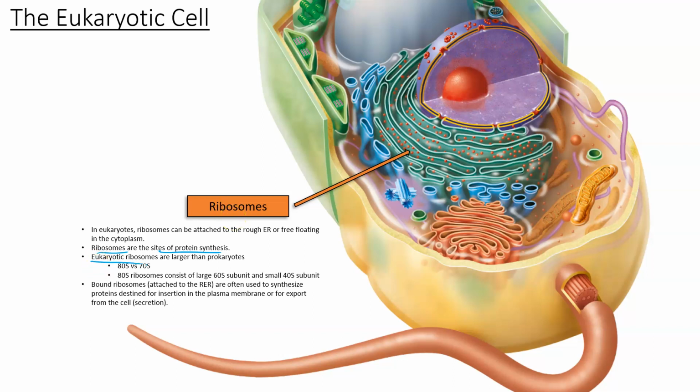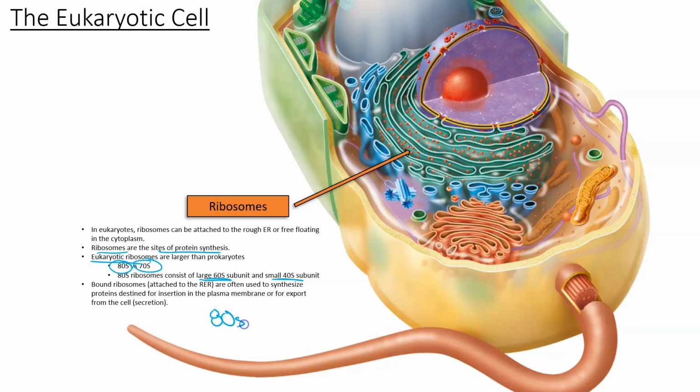Okay? We talked in a previous video that prokaryotic ribosomes are what we call 70S size. A eukaryotic ribosome is 80S size, meaning that the ribosomes that we possess in all of our eukaryotic tissue cells are going to be 80S, consisting of a large 60S subunit and a smaller 40S subunit.